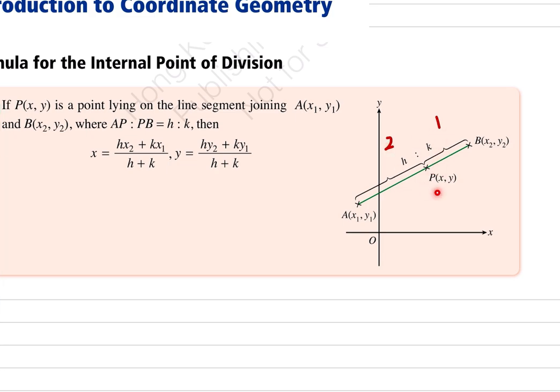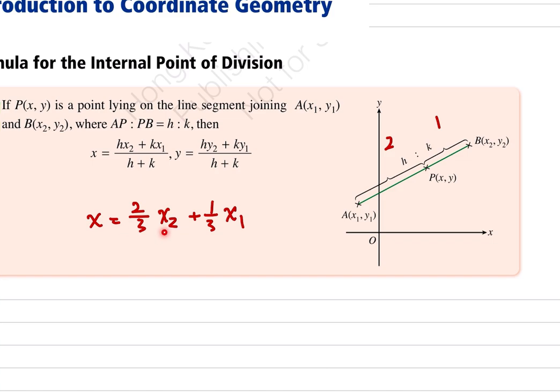So the point P is closer to B than A. So if you have 2 to 1, we need to know what the ratio is for that. In this case, we can say that x is 2 over 3 of x2 plus 1 over 3 of x1. That means the larger ratio is multiplied with x2, and the smaller ratio is multiplied with x1.